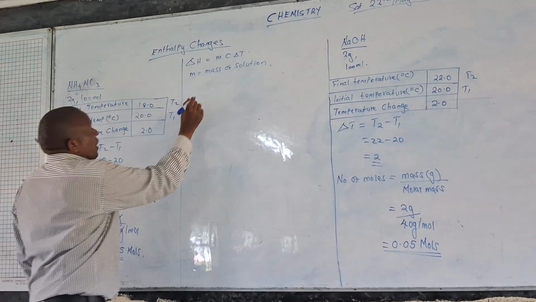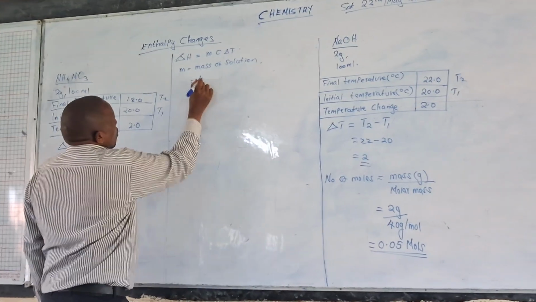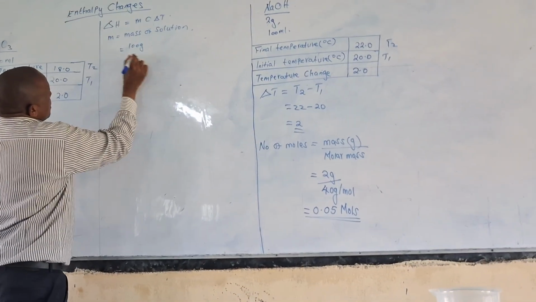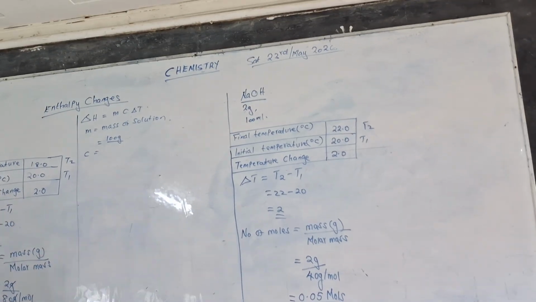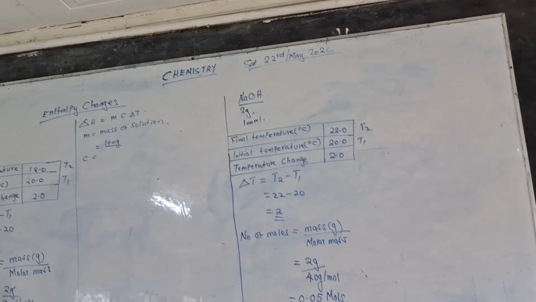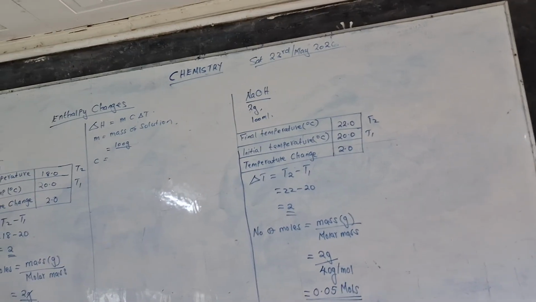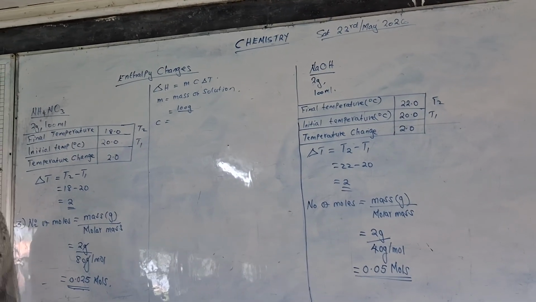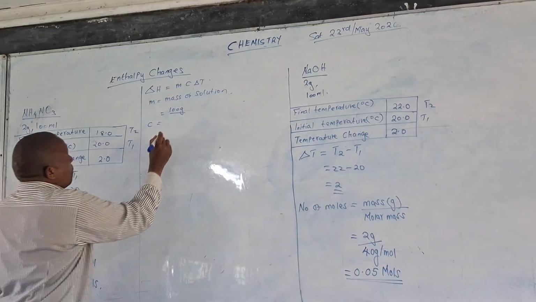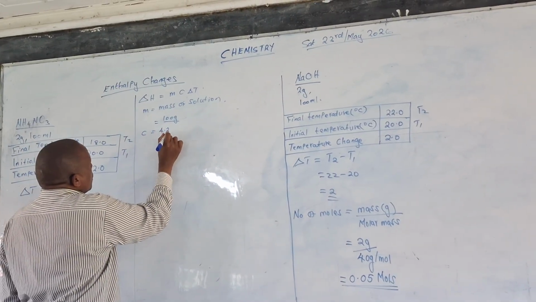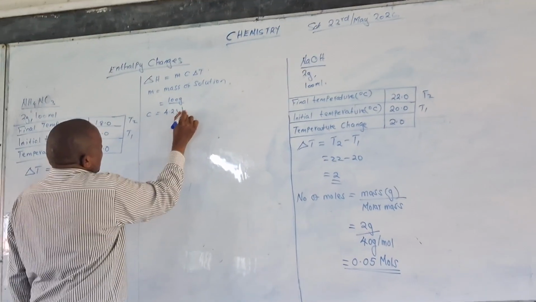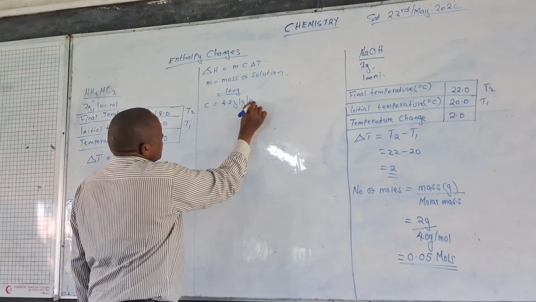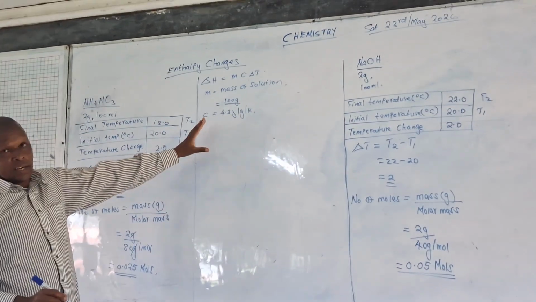So it means our mass will be 100 grams. That is M. C is specific heat capacity. For our case, the specific heat capacity is that of water, which is 4.2 joules per gram per Kelvin.